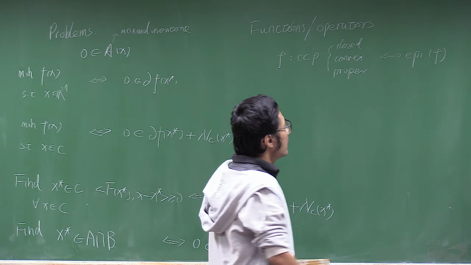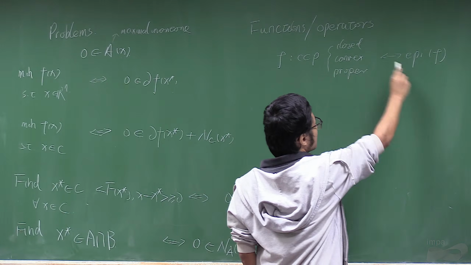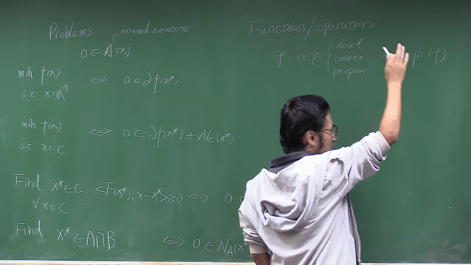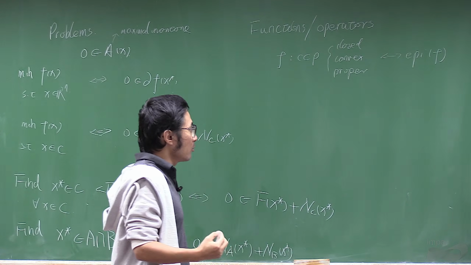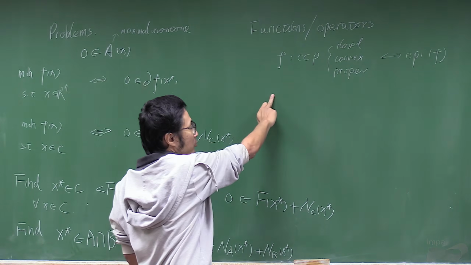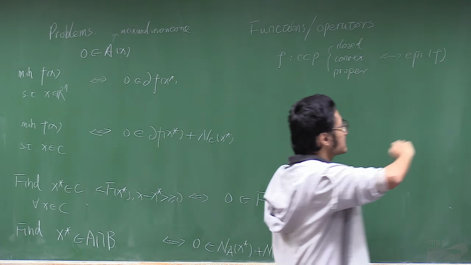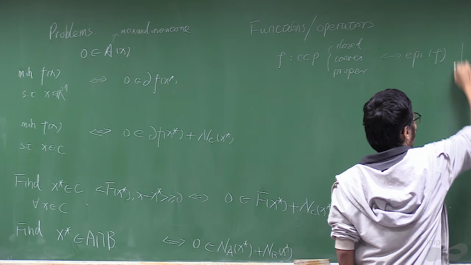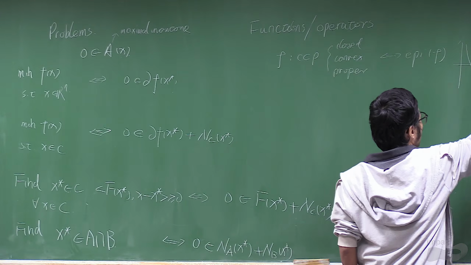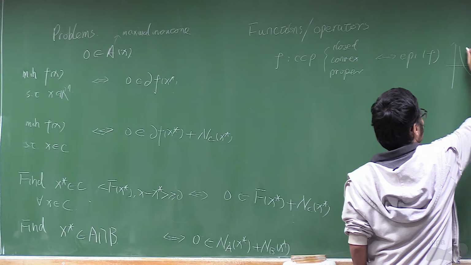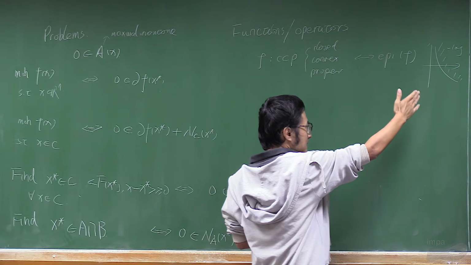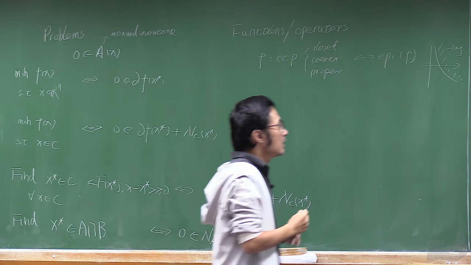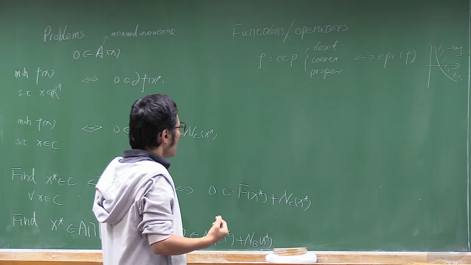For example, if the epigraph of a function is closed, convex, and does not contain any vertical lines, we can say the function f is a CCP function. We have an example here. For example, the graph of the negative log function. The epigraph of the function is like this. So it is closed, convex, and without any vertical line contained in it.